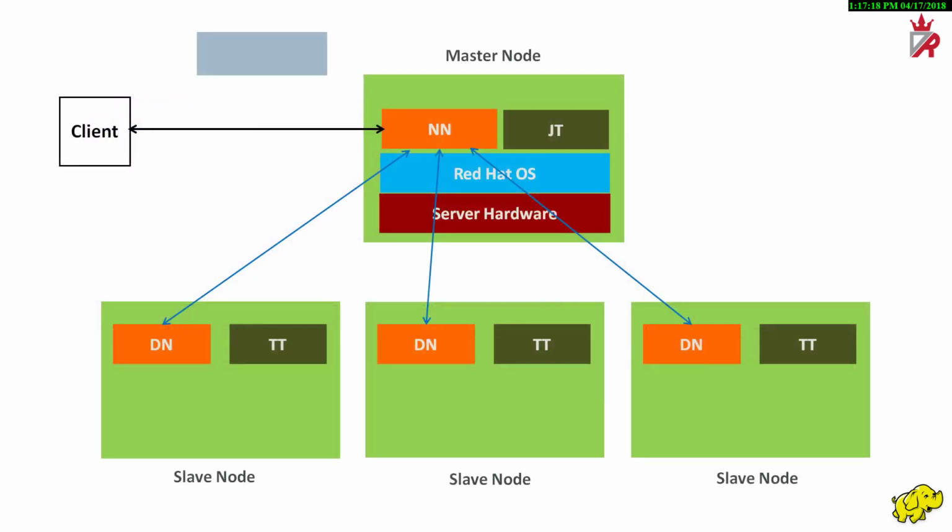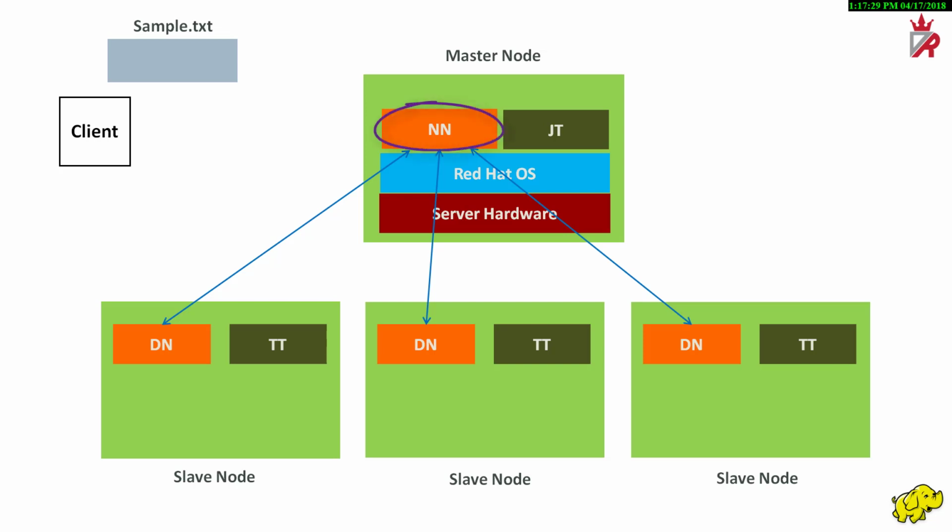That is, when there is a request from the client to store a file in HDFS, say sample.txt, the master process of HDFS framework, that is the name node process, takes the responsibility of making it happen. The request for storage from the client is first received by the name node. The name node process oversees the process of storing this file in HDFS.